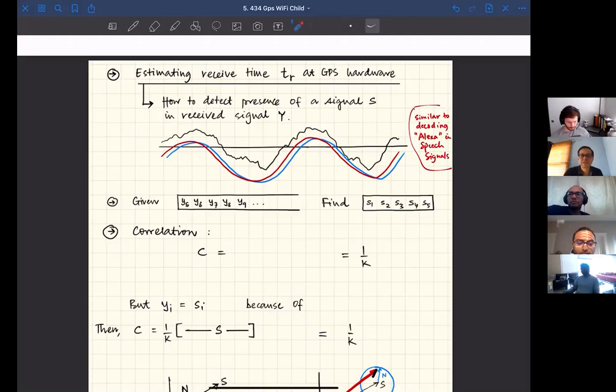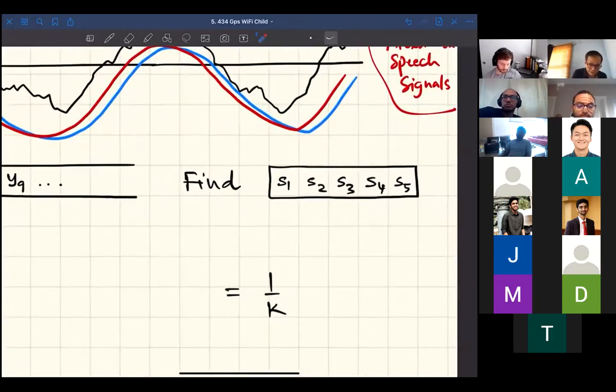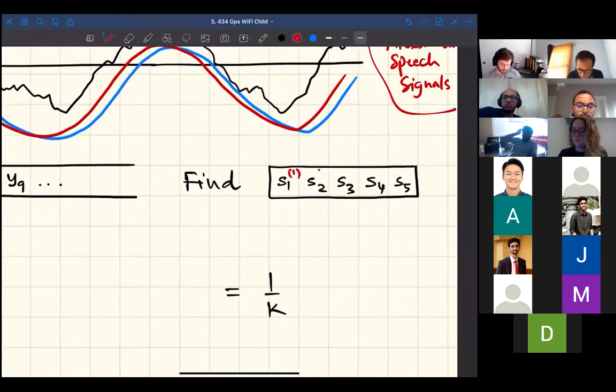Okay, very good. So with that, we can ask this question in the following way. Let's say we are receiving a signal, you turn on your GPS receiver and you're getting Y5, Y6, Y7, Y8, Y9. These are the samples that you're getting from the satellite. And you know, maybe first you're looking for satellite number 1, and satellite number 1 should be sending you S1, S2, S3, S4, S5. Maybe we should just add 1 on the superscript so that it says this is from satellite 1.